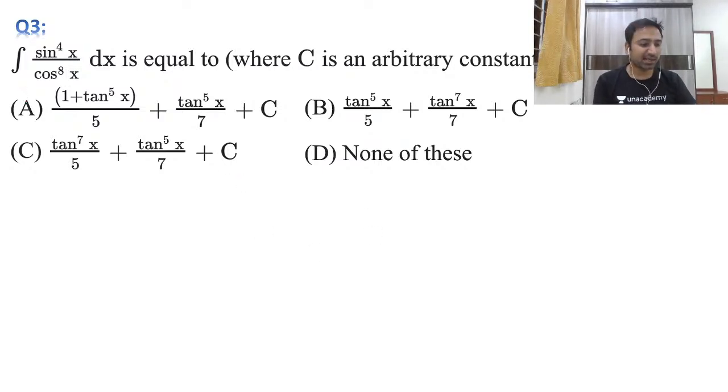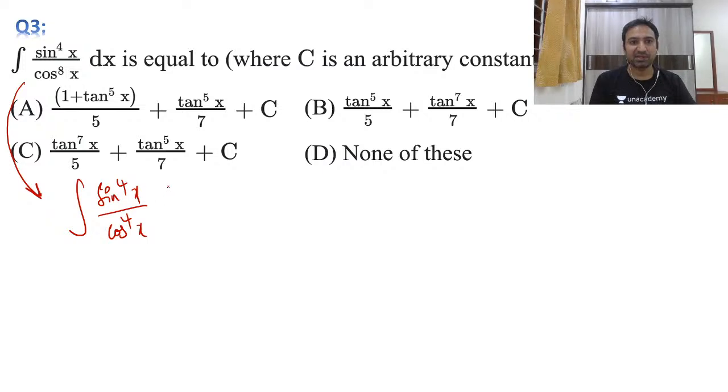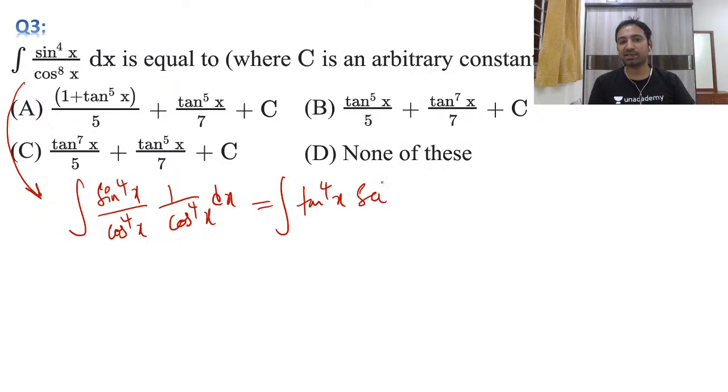To do that, I need to convert everything in terms of tan. So sin power 4x by cos power 8x, can I write it like sin power 4x by cos power 4x into 1 by cos power 4x? So now it is tan power 4x into secant power 4x dx.